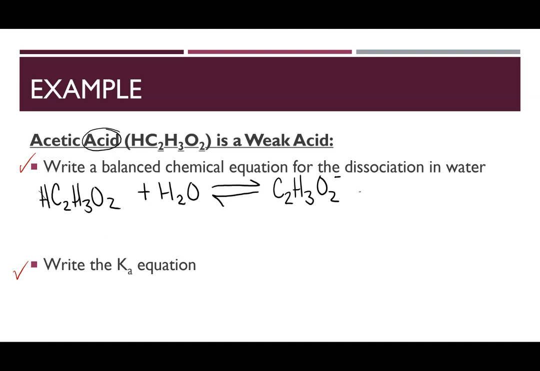Okay. And then acetic acid is our proton donor. That must mean water is our proton acceptor. So in this case, water is going to take on that proton. If we add a proton to H2O, it will now be H3O, and that proton carries with it a positive charge.